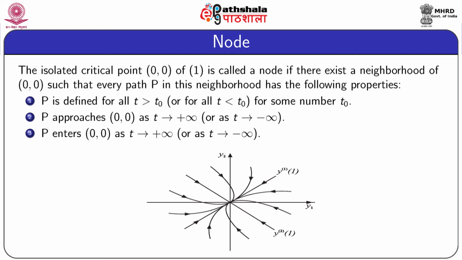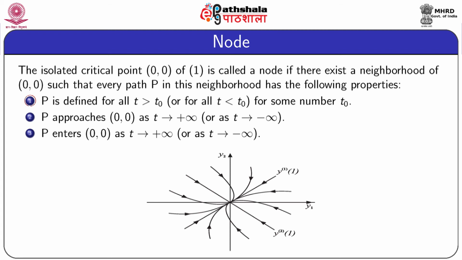Our next definition is node. The isolated critical point (0,0) of (4) is called a node if there exists a neighborhood of (0,0) such that every path P in this neighborhood has the following properties.